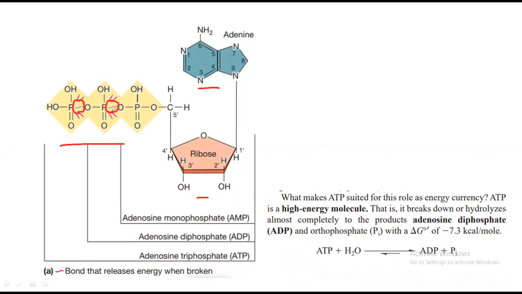Basically, these bonds do not contain the energy. If I clear the diagram, I will tell you what is really behind this and where this energy is. Just look here, these are the oxygen atoms that are linked to the phosphate.